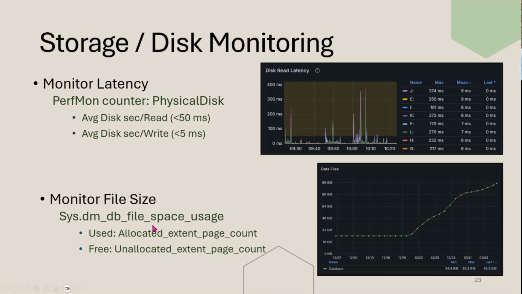So with this DMV, we can see that file size, which is being graphed over here, but we can also see how much is used and how much is free. We could use those numbers to project out when we might need to grow our files, so we can plan it to happen when it's convenient for us and has less impact on our applications or end users.